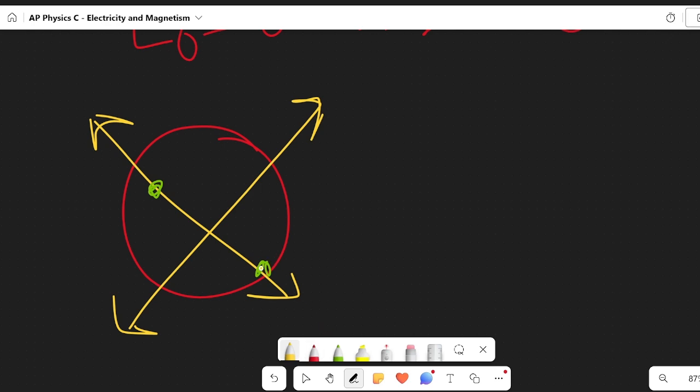If we started here and moved toward this charge, we will travel through a potential difference. It doesn't matter if we go directly or take a super squiggly path. The potential difference will be the same. That is the first principle.